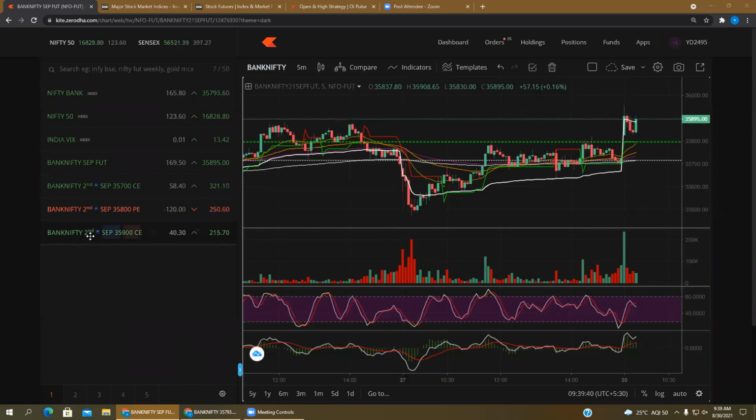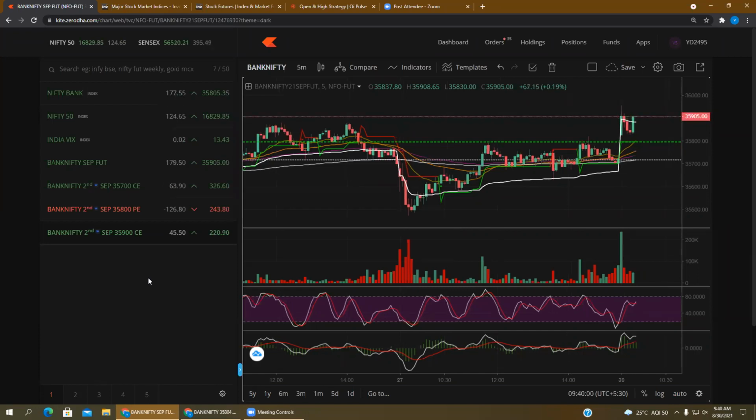The call I'm looking for is 35,900 and 35,700, and the put I'm looking for is 35,800. So I'm always looking for a strike price which is in the 250 to 300 range. 200, 300 range. That is what I'm looking for on a strike price.